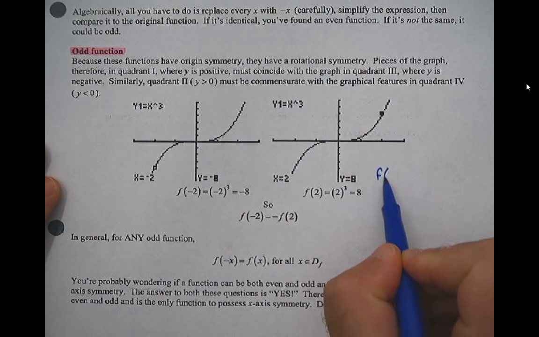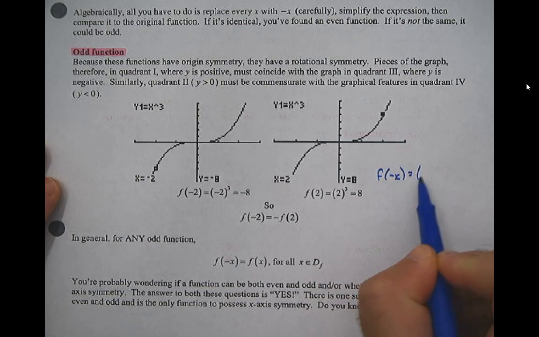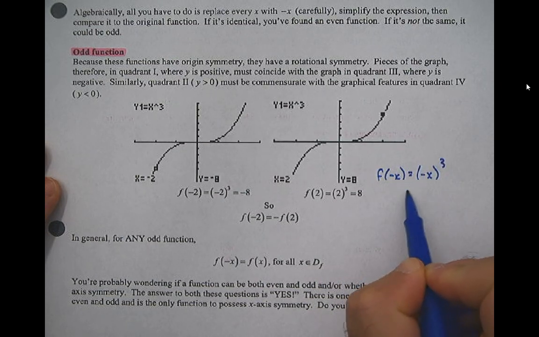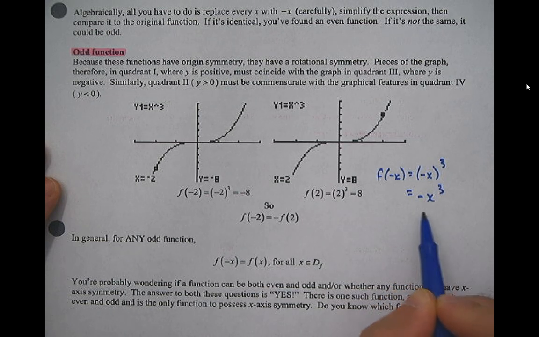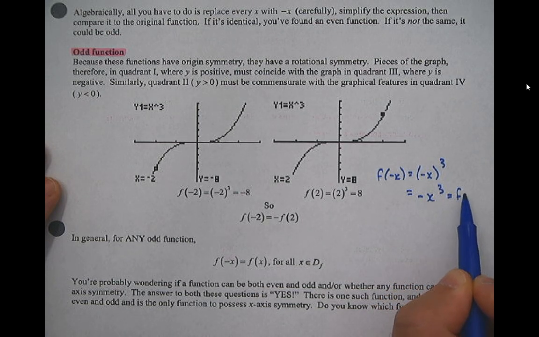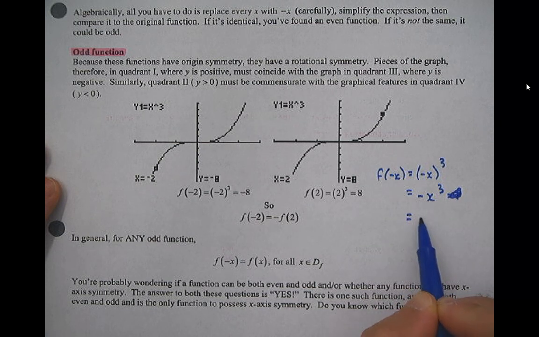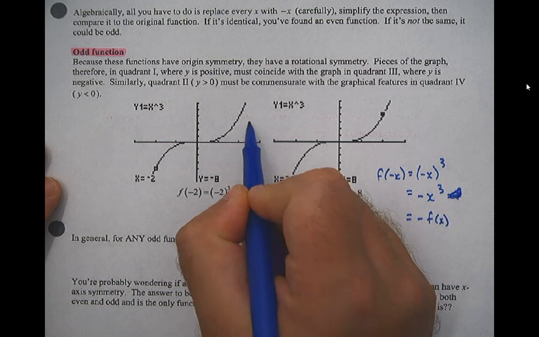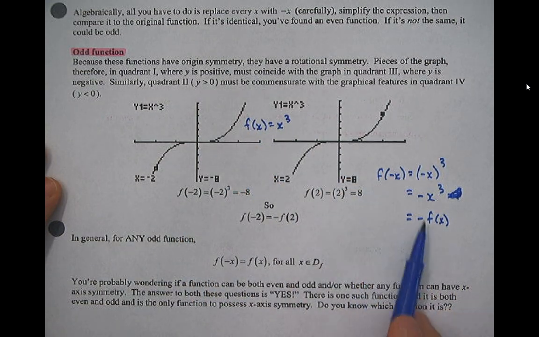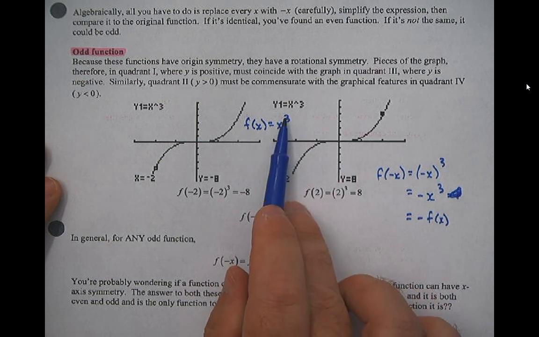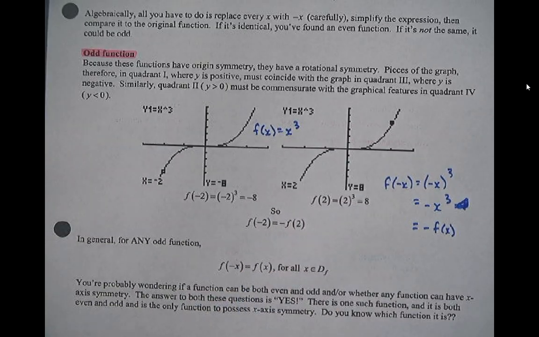So f of negative x would equal negative x cubed, because a negative times a negative times a negative is a negative, which is equal to the opposite of my original function. My function is f of x equals x cubed. When I plugged in negative x, I got the opposite of x cubed. Therefore, I now have an odd function.